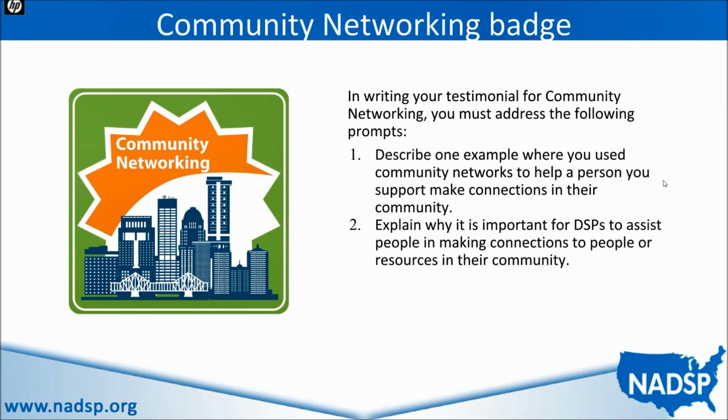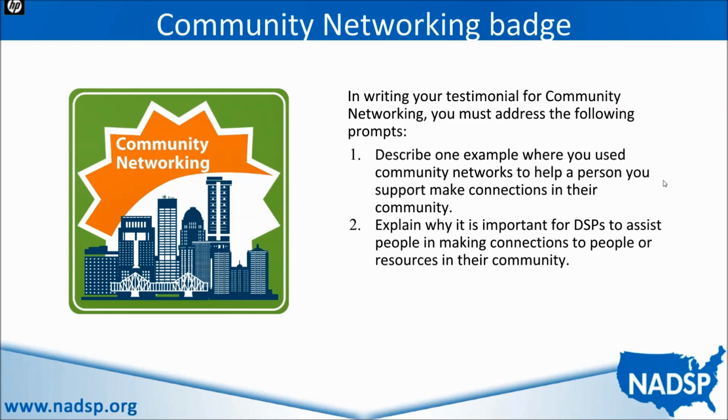And then like every badge, we provide 2 prompts to kind of get the process started in putting together your testimonial. So the first prompt, or the skills prompt for this badge, says describe one example where you used community networks to help a person you support make connections in their community.